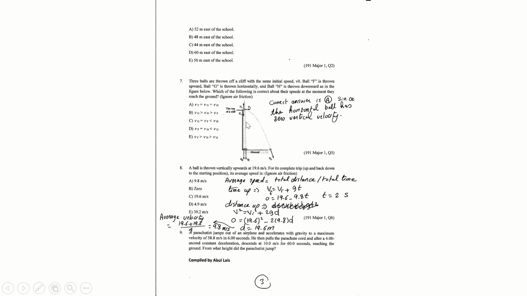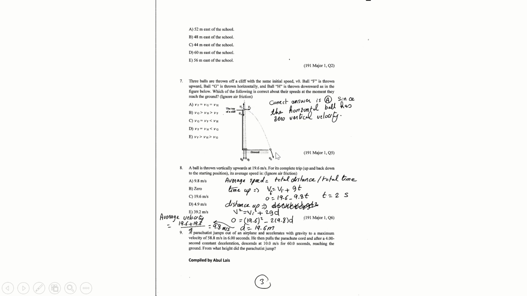So by the time it reaches the ground, the horizontal velocity will stay the same, but the vertical velocity will increase, and it becomes equal to the initial velocity of the ball that was thrown down and thrown up.